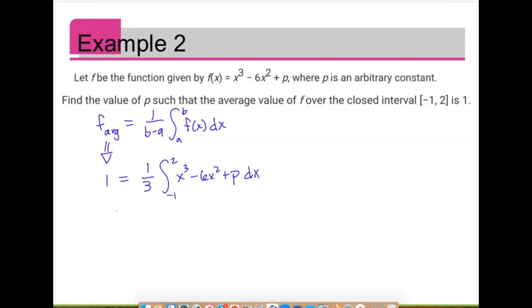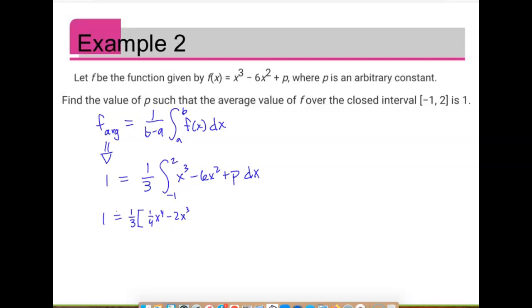All right, let's just continue to work our way through. Let's take antiderivatives here. Antiderivative of x cubed: 1/4 x to the 4th. Antiderivative of -6x squared: -2x cubed, I believe. You are correct.